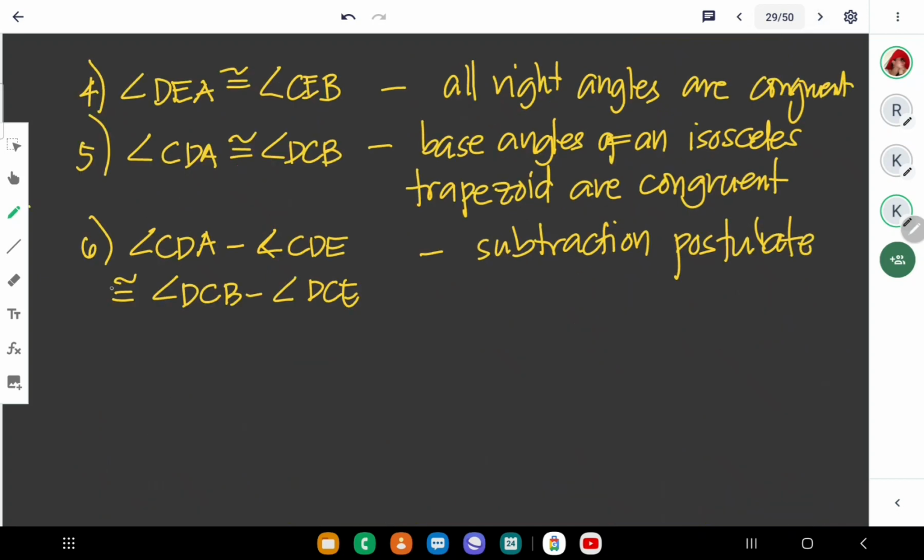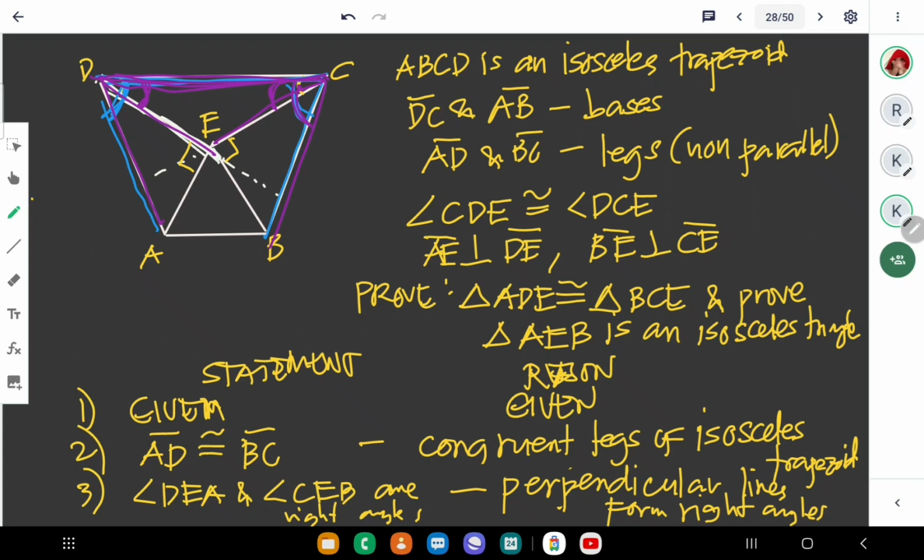Therefore triangle ADE is congruent to triangle BCE, because we've already proven this side is congruent to this, and this angle is congruent to this angle here, and this angle is congruent to this angle here.